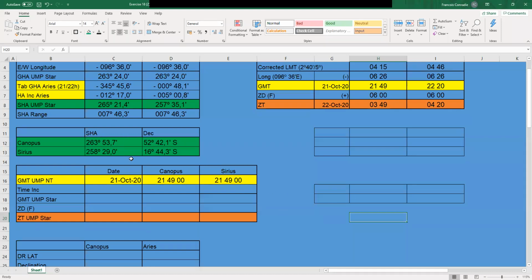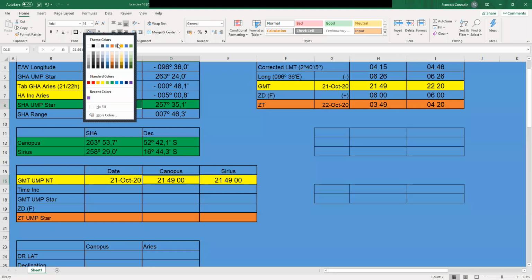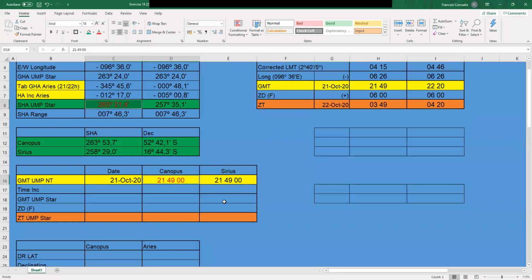Remember, we said that at 21:49, the SHA at Upper Meridian Passage is 265°21.4'. So these two basically go together. Maybe I should highlight that in a different color, or put the writing in a different color. Those two go together.